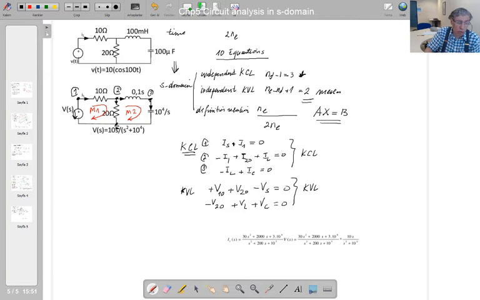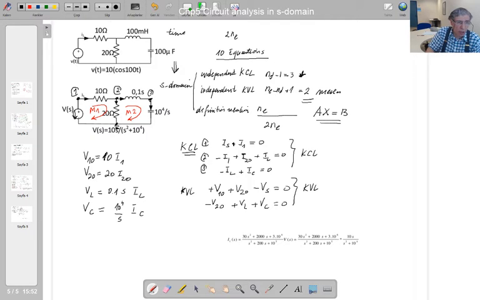For the resistor, in S domain of course, V10 is equal to R times I1, so 10 I1, V20 is 20 I20, and VL is SL, which is the impedance of the inductor, so 0.1 S IL, and VC is the impedance of the capacitor, which is 10 to the power 4 over S, multiplied with the current of the capacitor.